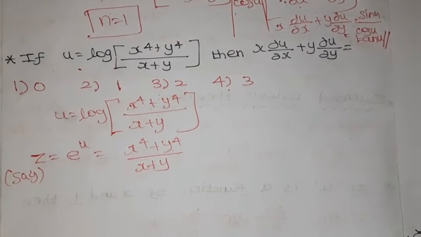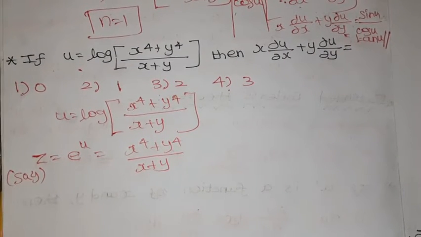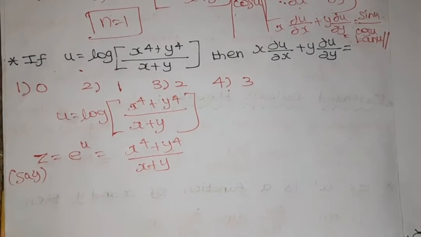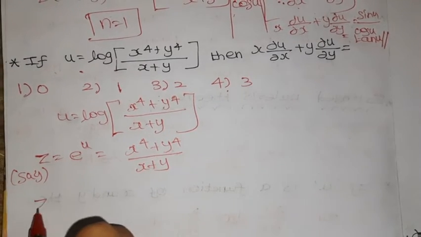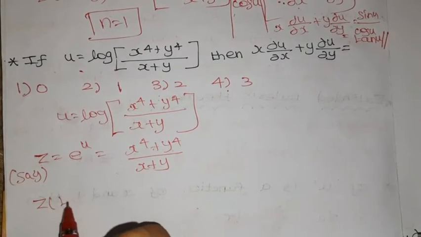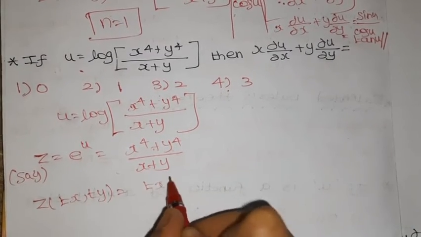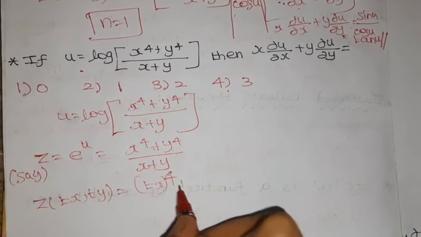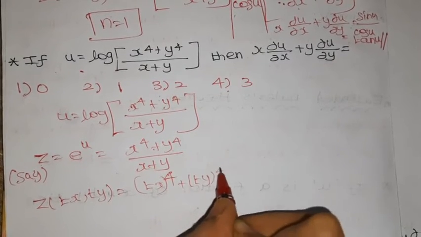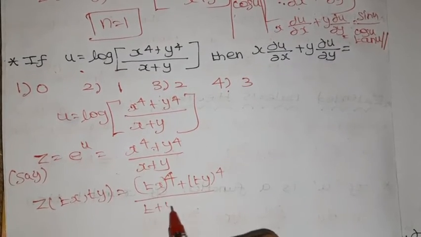Okay, so what is the next step? We need to check the homogeneity of the given function. So to check homogeneity, what do we need to do? z is a function of x and y, then z of tx, ty. Substitute tx whole power 4 and ty whole power 4 divided by tx plus ty.